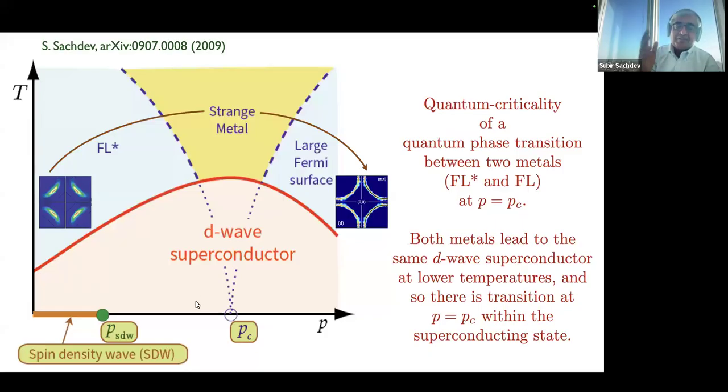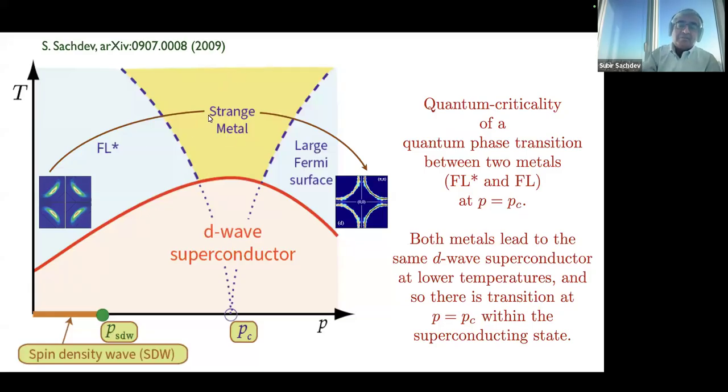Just as a theorist, let's examine that. Then there'd be a quantum phase transition between them, because they have very different Fermi surfaces. But it's a very novel quantum phase transition, because there's no broken symmetry on either side. It's a purely topological phase transition in the structure of the entanglement of the many-body wave function. So that's the phase transition that we think is ultimately responsible for the strange metal.